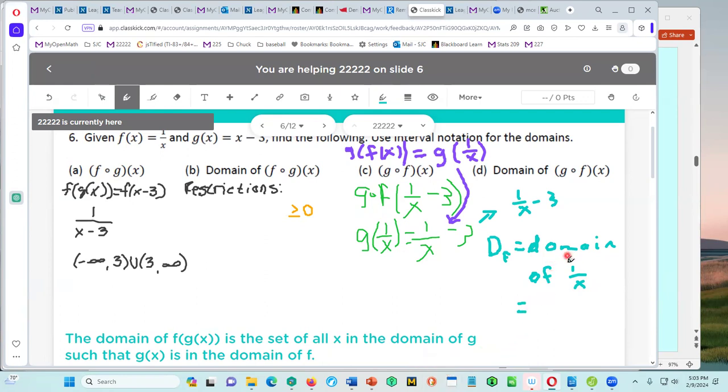What is x not allowed to be? If I'm not wrong, 0. It's not allowed to be 0. So in words, we would say all reals except 0.